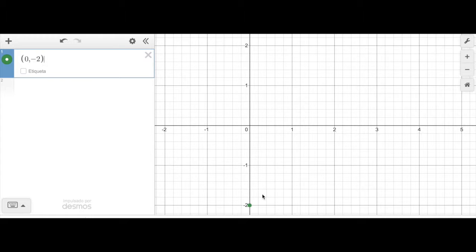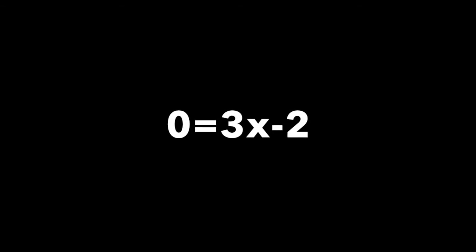And this will be our first point of this graph. Now we can know the x-intercept if there's an x-intercept. So we are going to do the mathematical operations that are necessary for it, and we will know. So we are going to transform the value of y to 0, and then we are going to find the value for x.